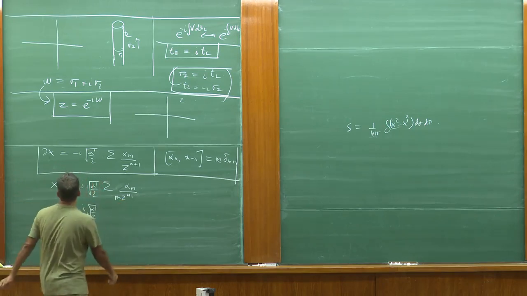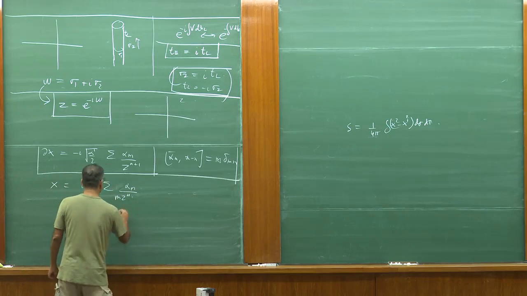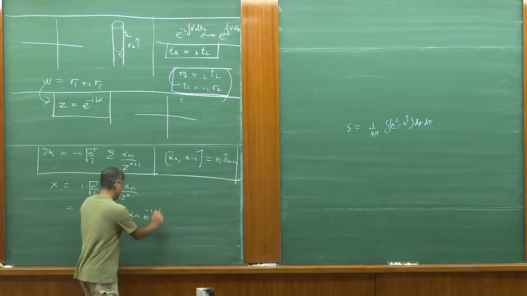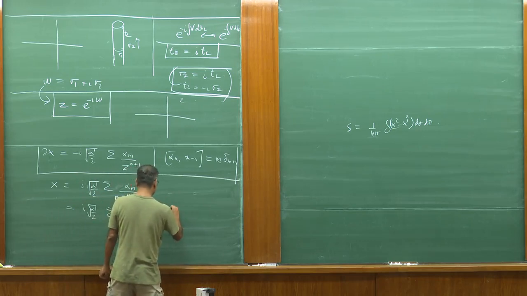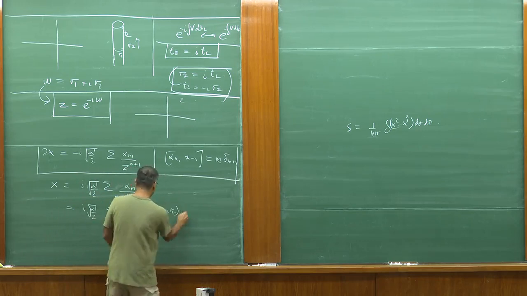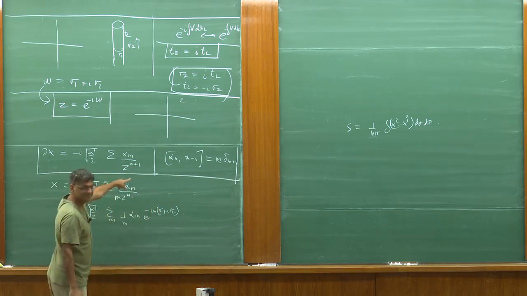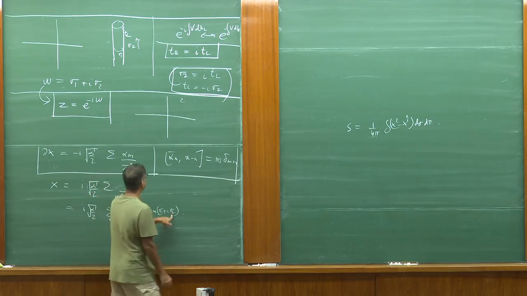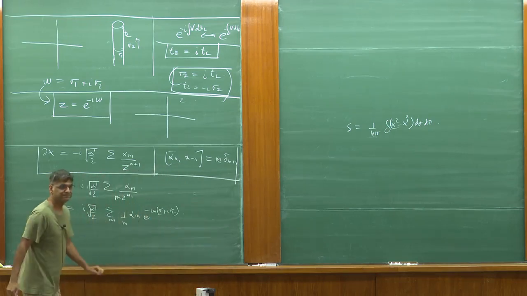What was this z? z was e to the power minus iw, so the sum over m, 1 by m alpha m e to the power minus iw. And iw was sigma 1 plus i sigma 2. There's an m here, because this was z to the power m. And sigma 2 was T Lorentzian.